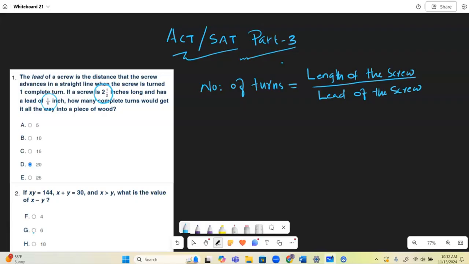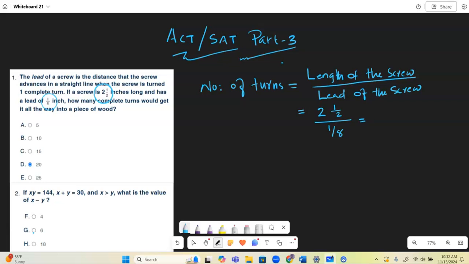So this is what we are going to use here as a formula. Then the calculation is very simple. It is 2.5 inch over 1/8 of an inch, that is cross multiply 2.5.